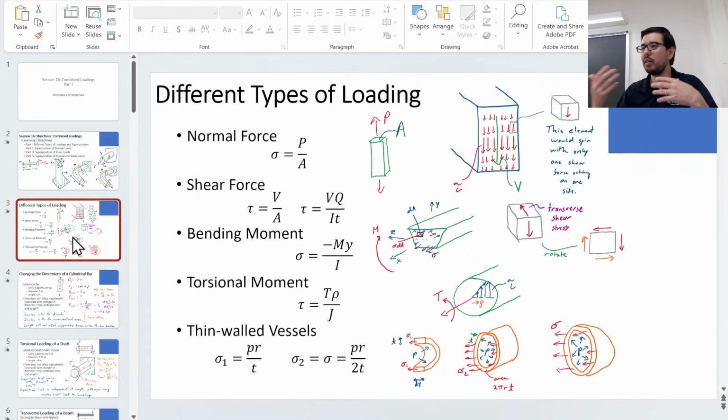We'll talk about equivalent stresses later on in the class, but for a given material element in a given orientation, we're going to want to combine the normal stresses in the same direction with each other, and the shear stresses in the same directions with each other.